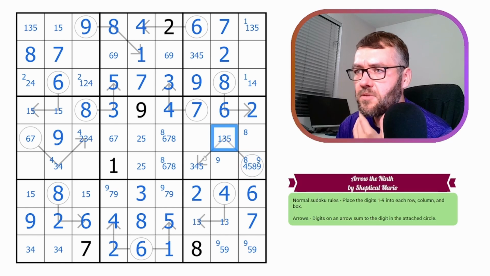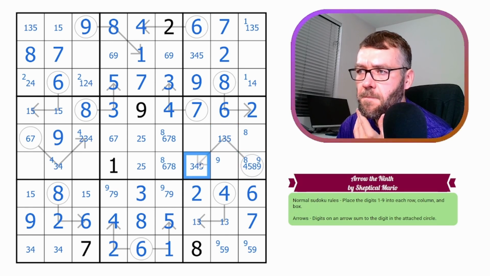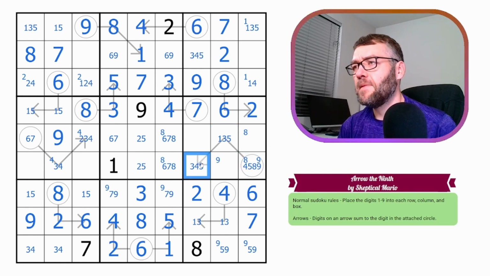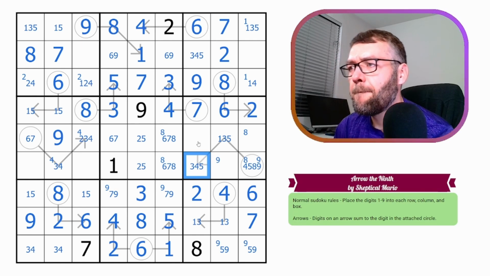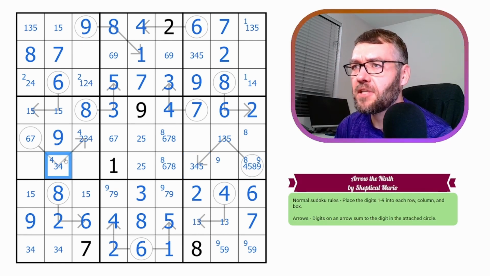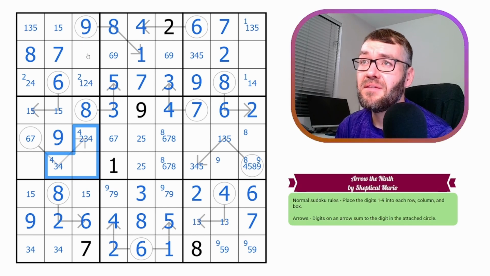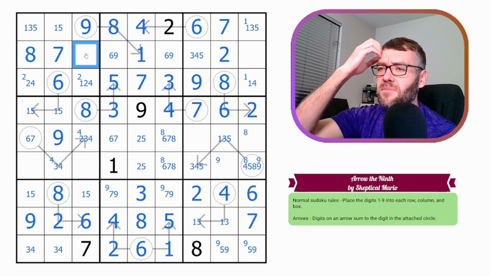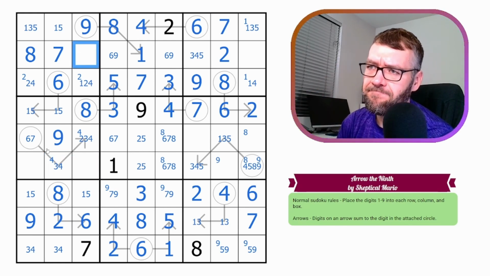And if this was 9, this would be 5, 4. I'm not seeing the problem with that. There's got to be some interaction between these two lines, I think. Unless there's some basic Sudoku I'm missing somewhere.